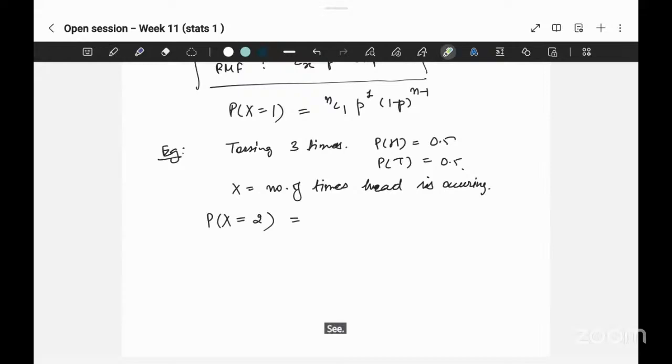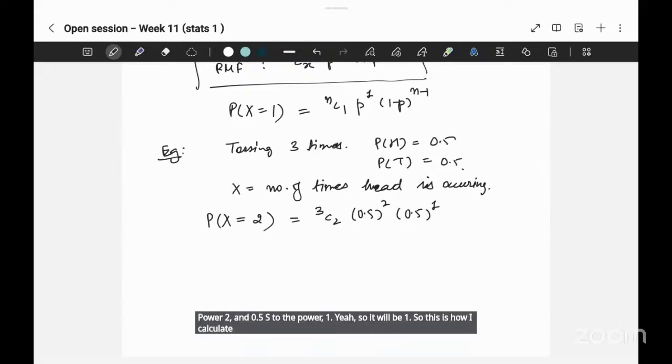See, the question is, I'm tossing a coin three times, so 3C2, into 0.5 raised to the power 2, and into 0.5 raised to the power 3 minus 2, which is 1. So this is how I calculate. Basically my x is following a binomial distribution with parameters 3 comma 0.5.